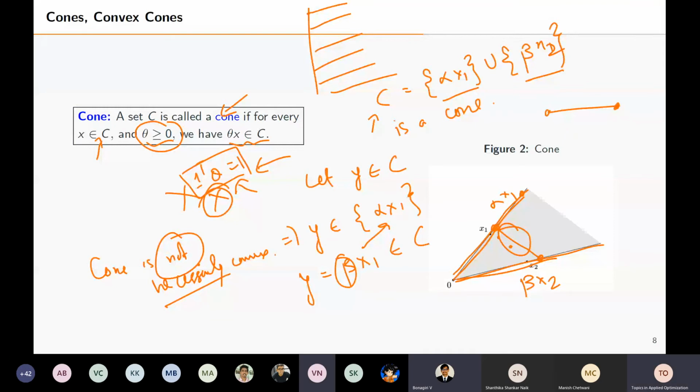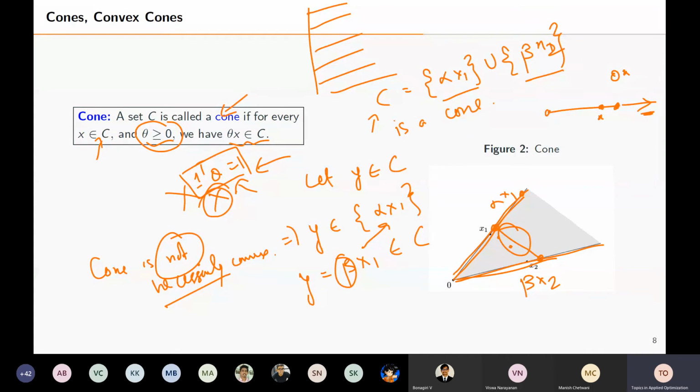Line segments need not be cones. Yeah, need not be, right? Because there is arbitrary value of theta, so if I'm somewhere here, if I take an arbitrary value of theta, then theta times x, like x is here, will go way beyond the line. So that is no longer within the line. So hence it's not a cone.